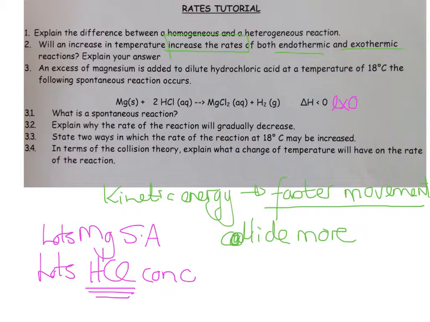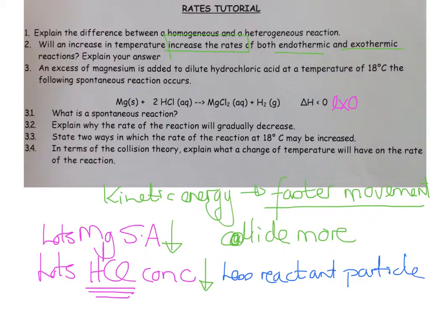When these two start to react with each other, the magnesium slowly gets less and the hydrochloric acid concentration gets less. So now there are less reactant particles available to collide. And as a result, the reaction rate is going to slow down.